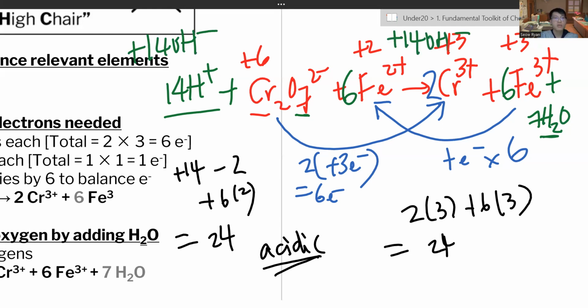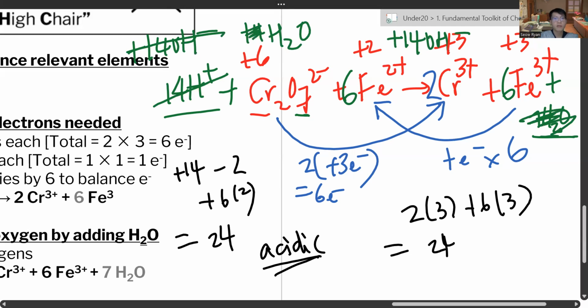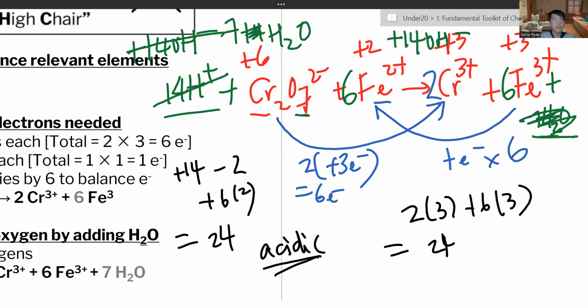So 14OH minus and 14H plus will become 14H2O, right? And then on the right-hand side, we have 7H2O. So we can simplify this. So your final equation for basic would be 7H2O plus Cr2O7 2 minus plus 6Fe2 plus forms 14OH minus plus 2Cr3 plus 6Fe3 plus.